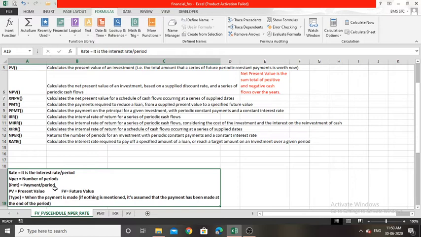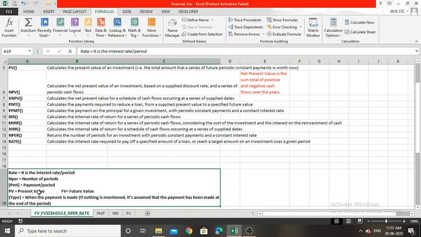You have to pay an amount month by month, or yearly, or quarterly, or semi-yearly. So what will be that amount that you are going to pay each period? That is what PMT is meant for.